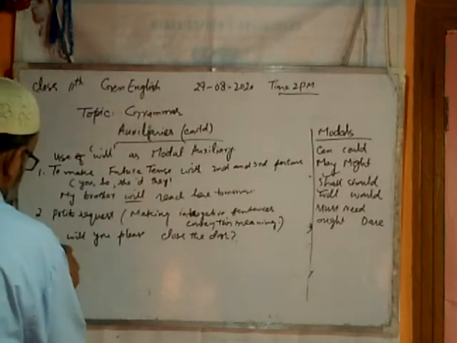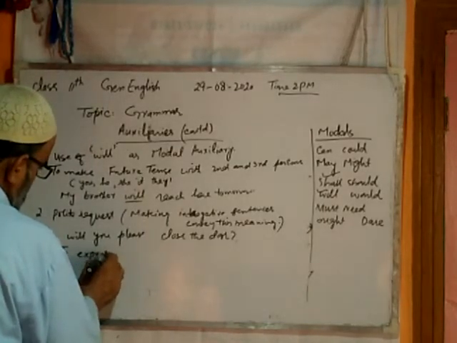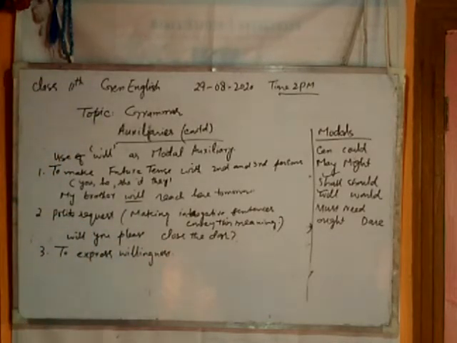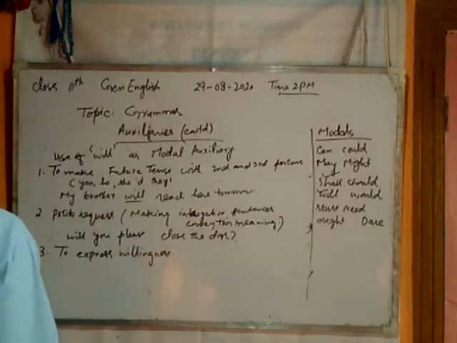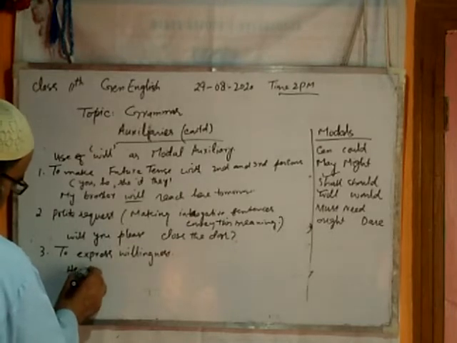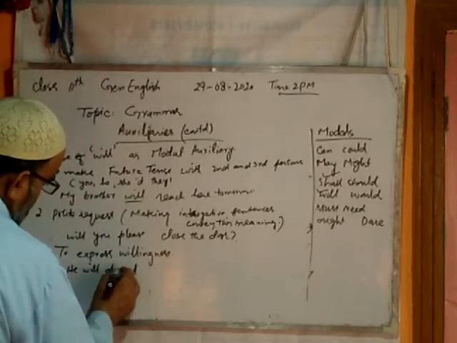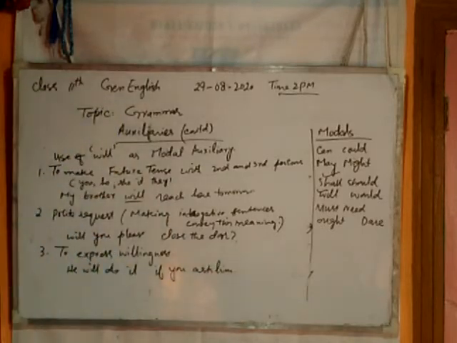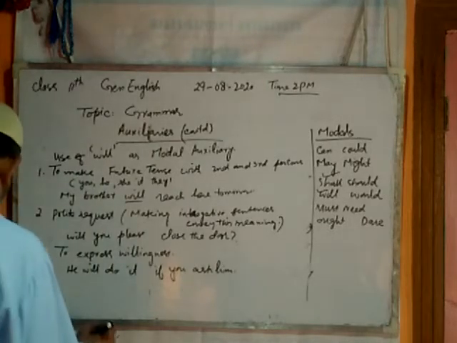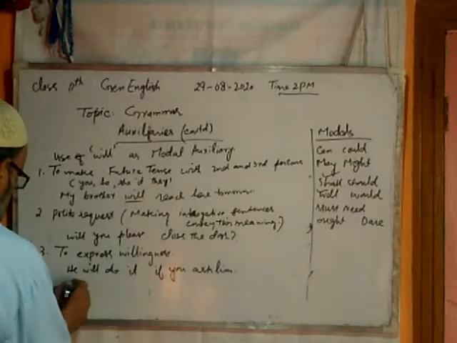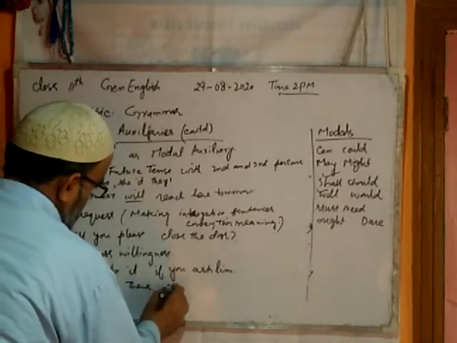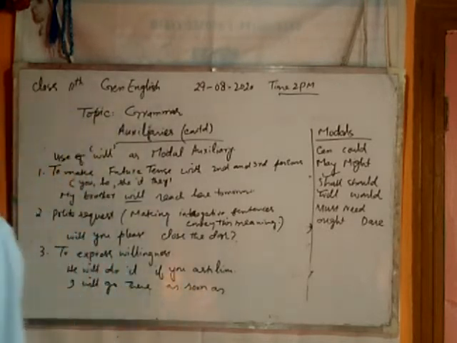Third use, to express willingness. To express willingness, यानी रजामंदी जाहिर करना, चाहत जाहिर करना। फॉर एग्जाम्पल, he will do it if you ask him. वो ये काम करेगा, आप उसको कहोगे, पूछोगे। Yes, I will go there as soon as I am well.